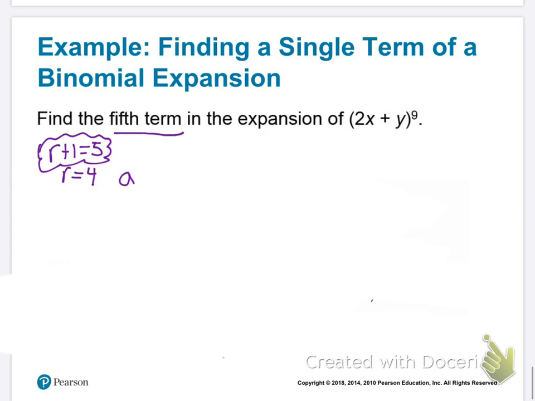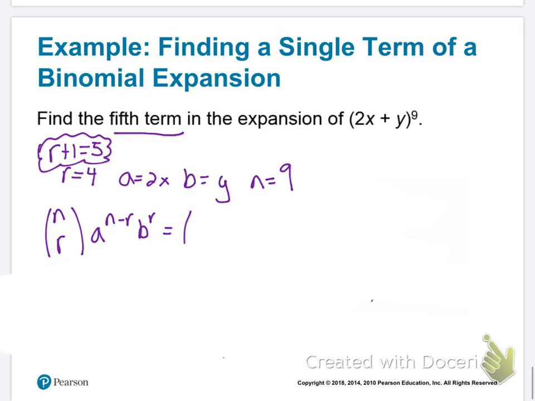Our a value is going to be the 2x. Our b value is going to be y. And our n is going to be our power, which is 9. So we're going to use that formula. I have to write it out so I can see it: n above r, a to the n minus r, b to the r.